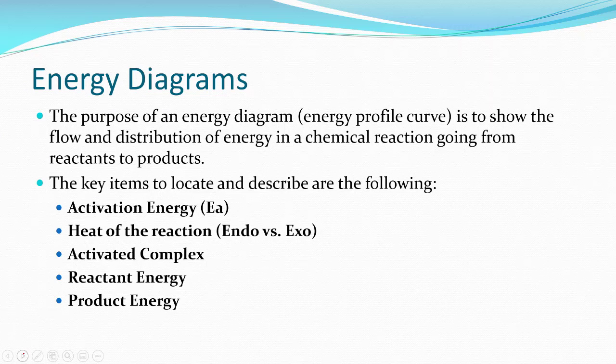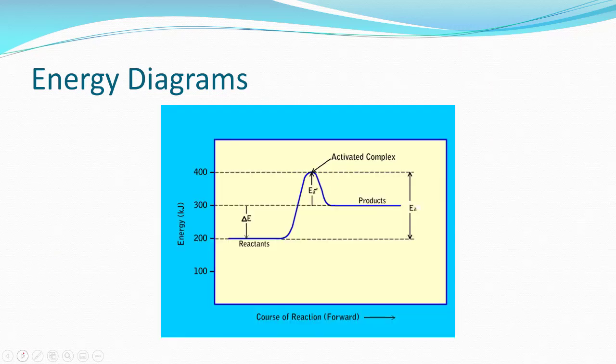So when I'm talking about an energy diagram, and this should look vaguely familiar to what you just saw previously, I want you to be able to interpret what this is saying. First things first, reactants are always found on the left-hand side, on that flat part. And products are always found on the right-hand side. You will notice that there's a peak, and that peak is where we have the activated complex. That's the part at which the bonds are starting to break, meaning the atoms are starting to pull away from each other.